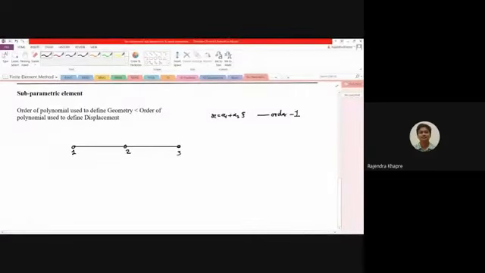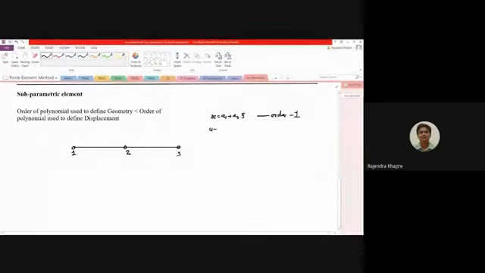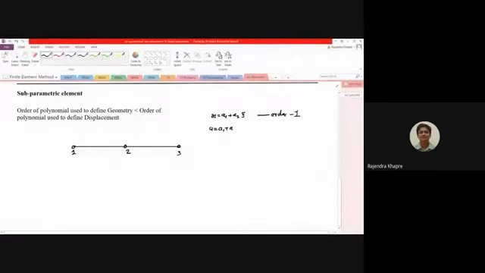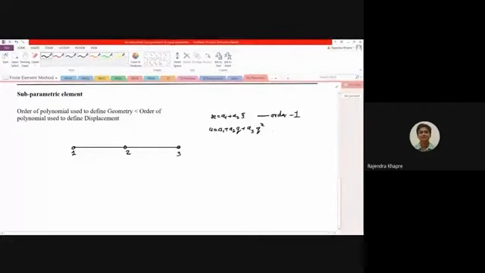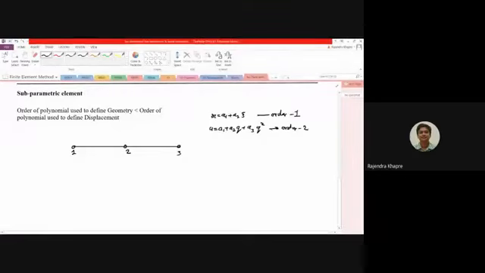But the polynomial which is used to define the displacement, that is u, will be something like a1 plus a2 times xi plus a3 times xi squared. So here the order is 2. The order of the polynomial used to define the geometry is less than the order of the polynomial used to define the displacement. That's why this is called a subparametric element.